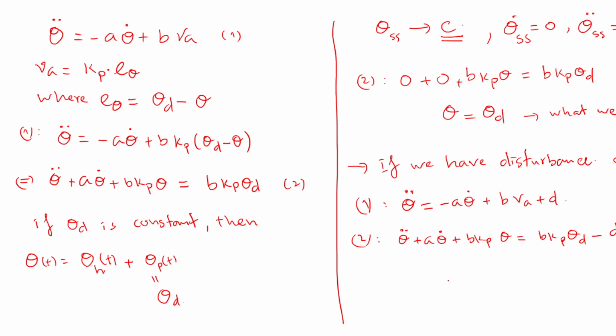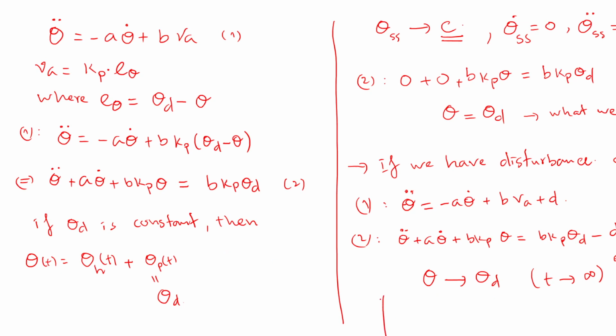So the question is, can we still achieve theta approach to theta D when t approaches infinity? The answer is no, we cannot achieve this. That's why the proportional controller in some case is not applicable. One more thing that the proportional controller is not very good at is the transient. You cannot have a desired transient.